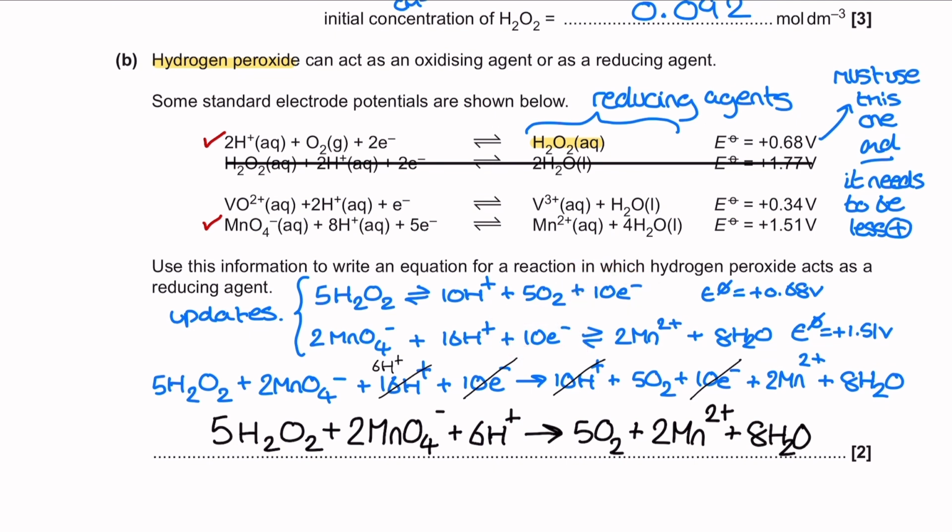And the reason for that is I want the electrons to cancel out when I do this combination. So I've had to do a multiple of each equation. And so I've done the top equation times 5 and the bottom equation times 2. I then combine to give one big ridiculous equation just here and cancel down. As you can see, I've gone through and I've cancelled down anything that appears the same on both sides, leaving me with this overall equation at the very end.